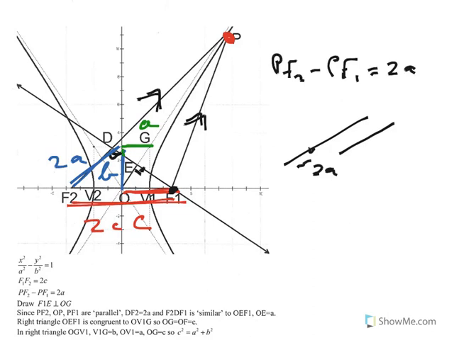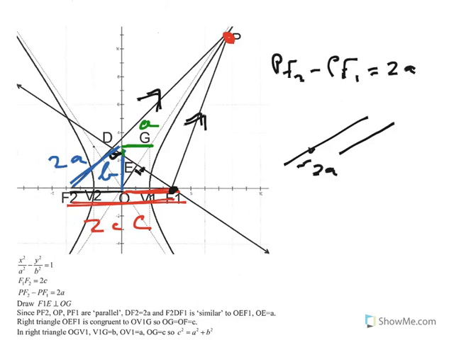Now, I see two triangles here. There's this one and this one. And they are similar triangles. They both have right angles in them, and they both share this angle here. So they're in proportion.